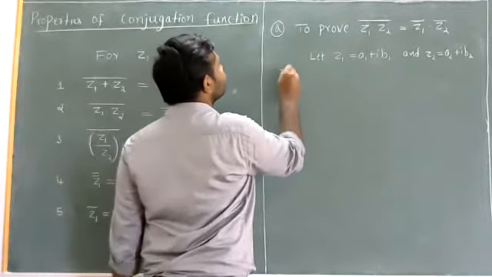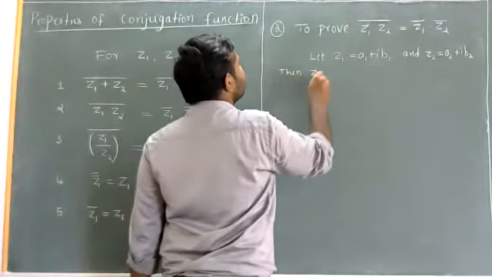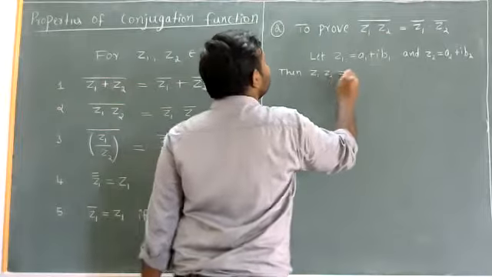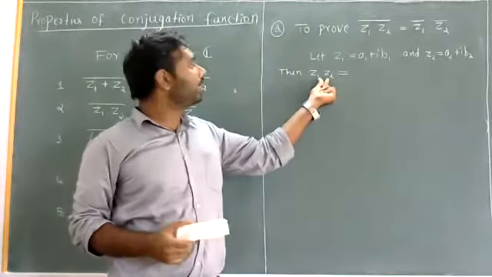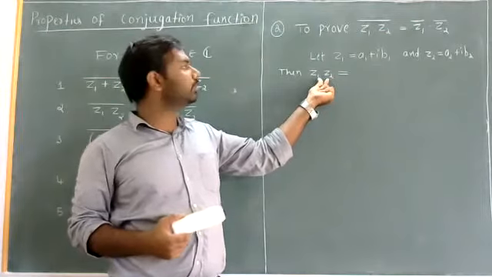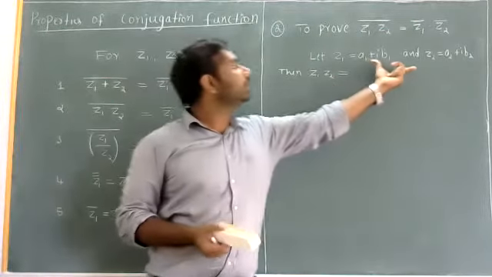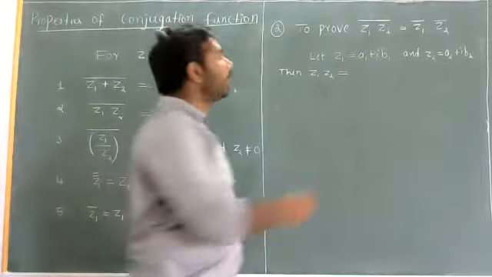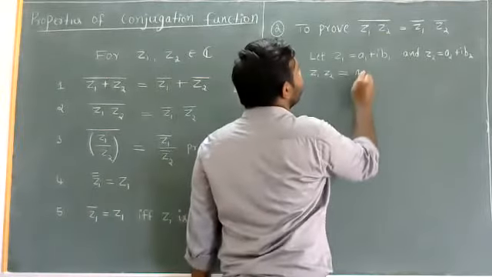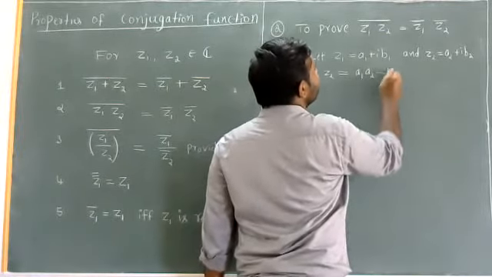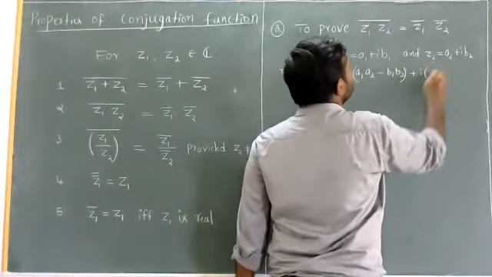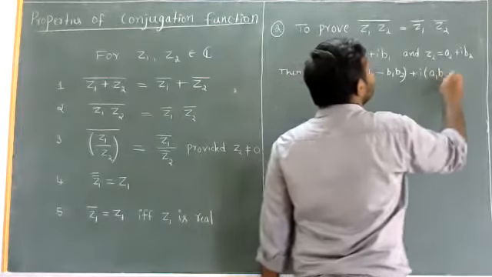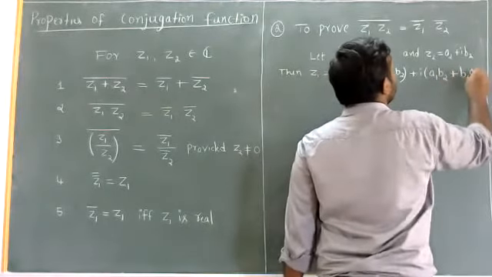First, see what Z1 into Z2 will be. Z1 and Z2 are complex numbers. Now I have to take the product of these two complex numbers, and you know how to multiply. How will we multiply? A1A2 minus B1B2 plus i into (A1B2 plus B1A2).